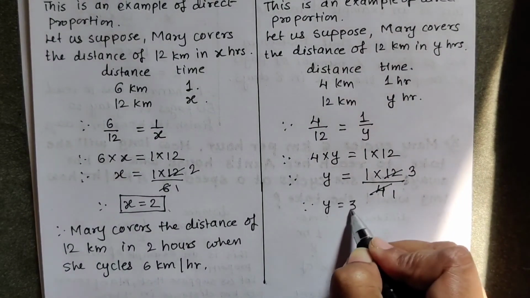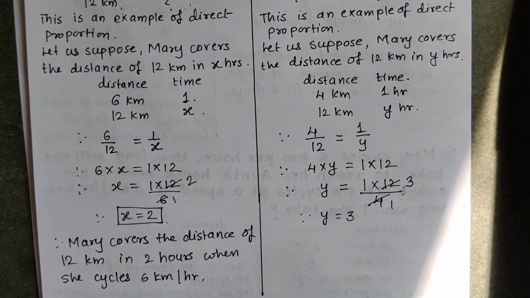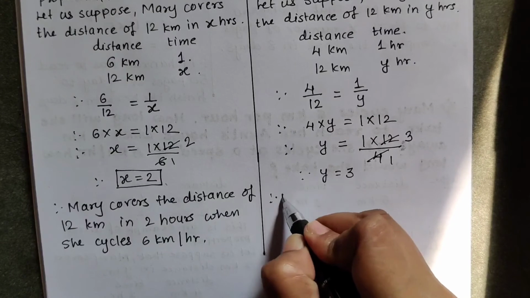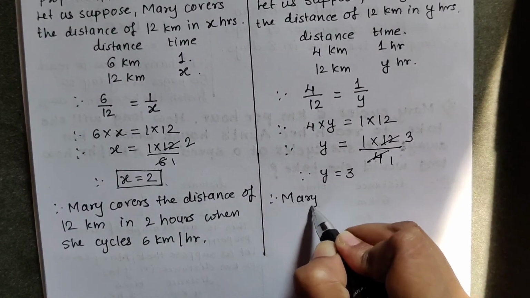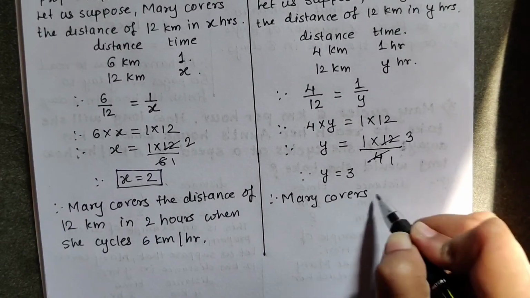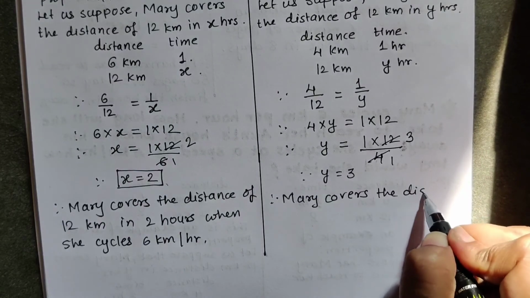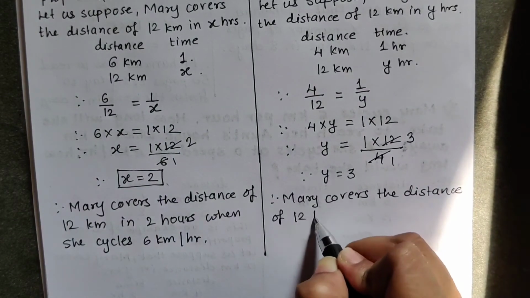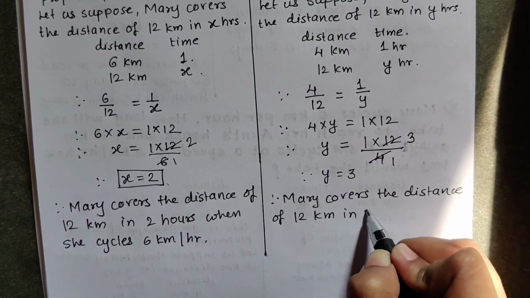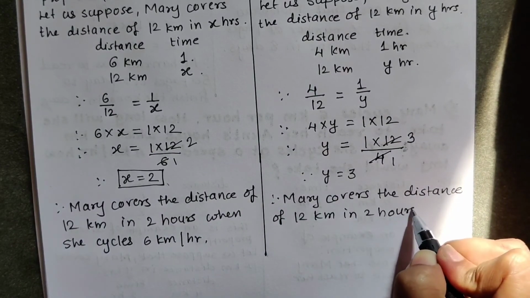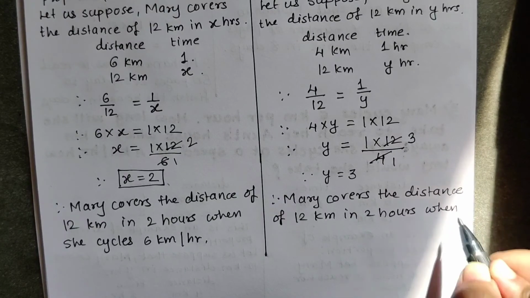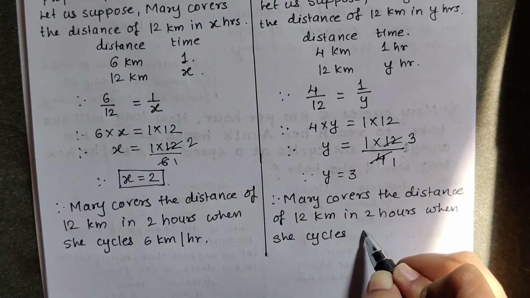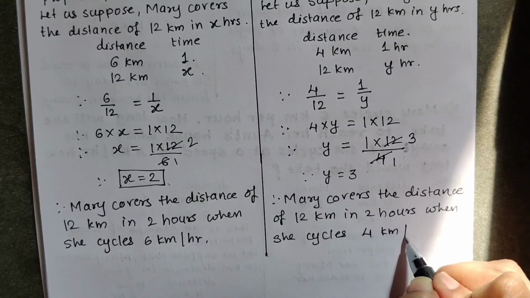So when the speed of cycle is 4 kilometer per hour, she can cover the distance in 3 hours. So write the answer for this. Mary covers the distance of 12 kilometer in 3 hours when she cycles 4 kilometer per hour.